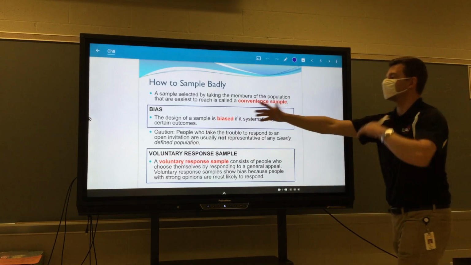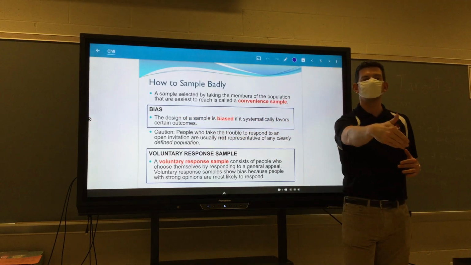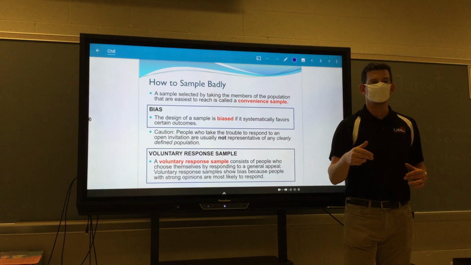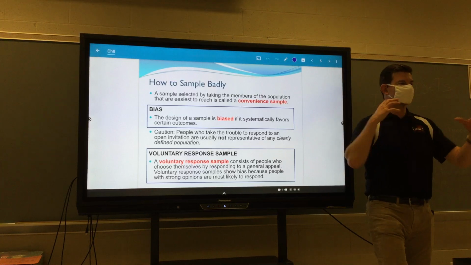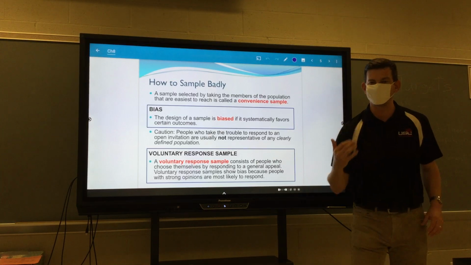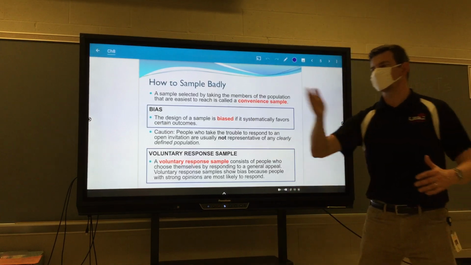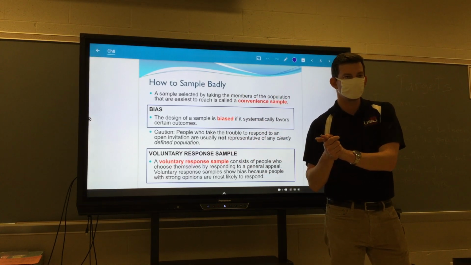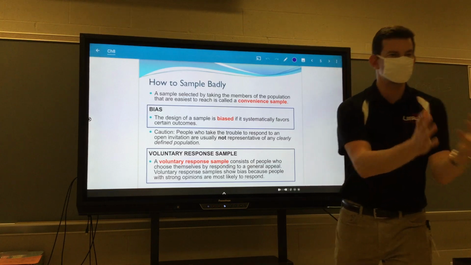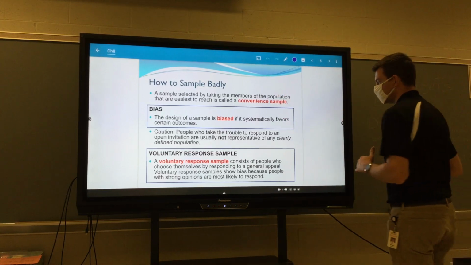Now, this bias that we're talking about here is a little different than what I mentioned yesterday in terms of a biased question. Okay? It's still the same definition of bias. It's a slant towards a certain outcome. But our question itself isn't necessarily biased in this case.